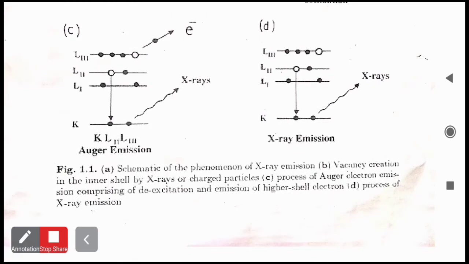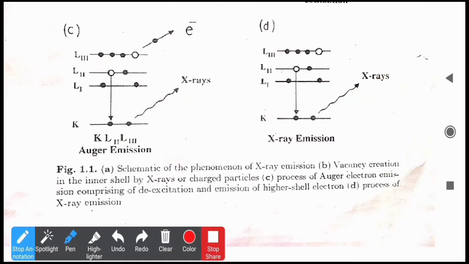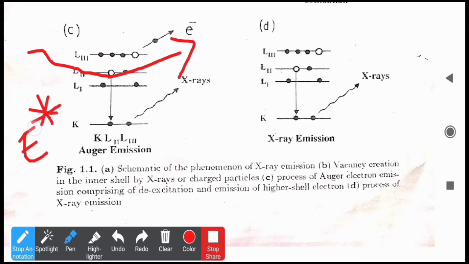The third technique is the Auger electron technique, or Auger electron emission. In this technique, radiations or particles interact with the solid and might eject an electron. Once that electron is ejected, the molecule is in an excited or unstable state.